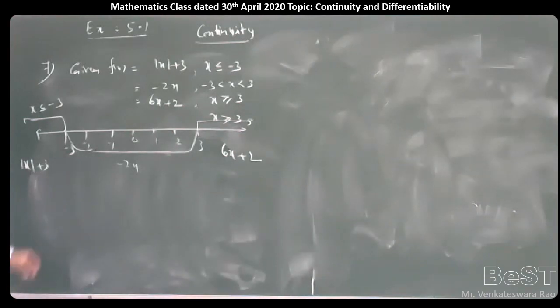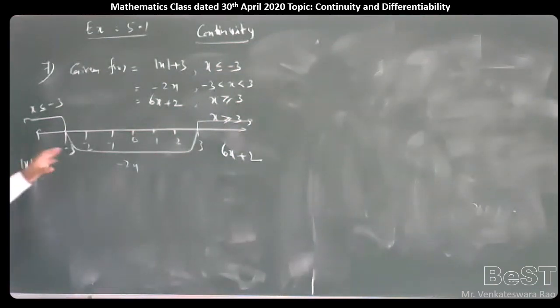Now listen to me. What is your observation? When x is less than or equal to minus 3, mod x is continuous on R, 3 is continuous on R, so f of x plus g of x is continuous on R. It is continuous up to minus infinity. No objection.